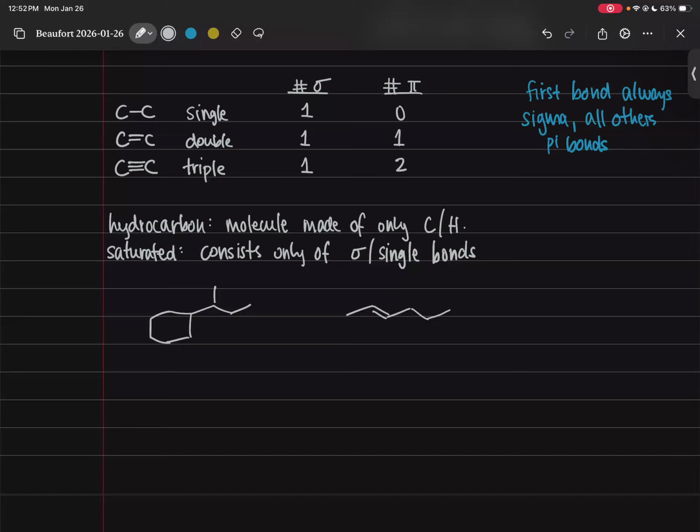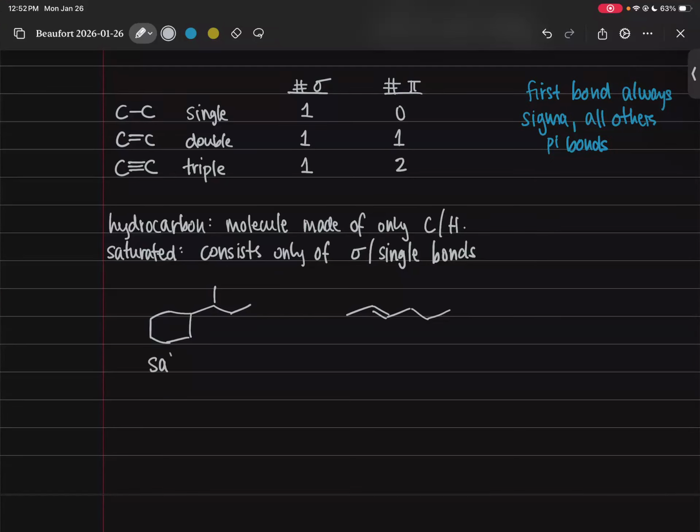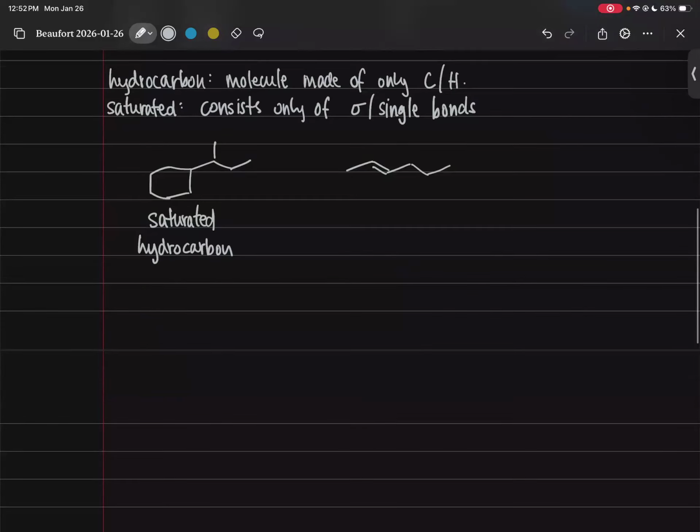Yep, no double bonds here, just single bonds. So we've got only single bonds and it's a hydrocarbon. So this is a saturated hydrocarbon. And that's what an alkane is. It's just a saturated hydrocarbon.